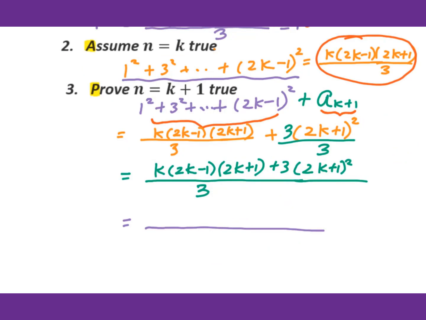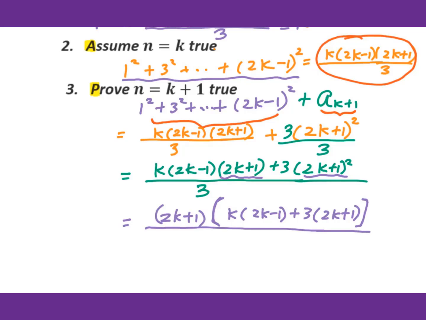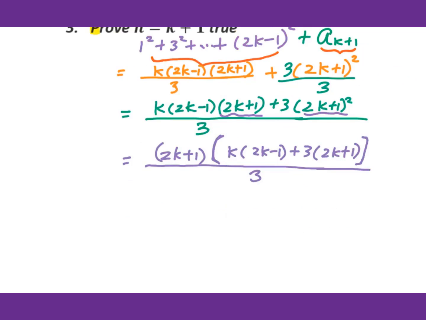To the top, I will take a 2k plus 1 outside, because that's the common factor. You will get k times 2k minus 1 plus 3 times 2k plus 1 over 3.